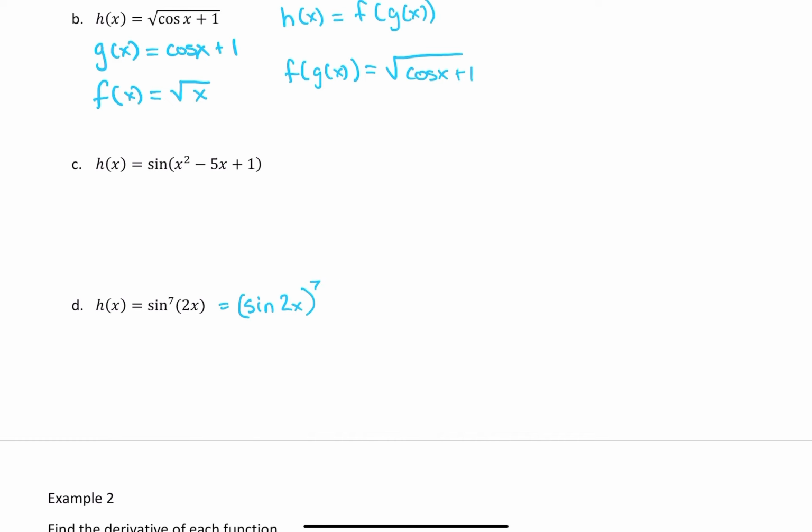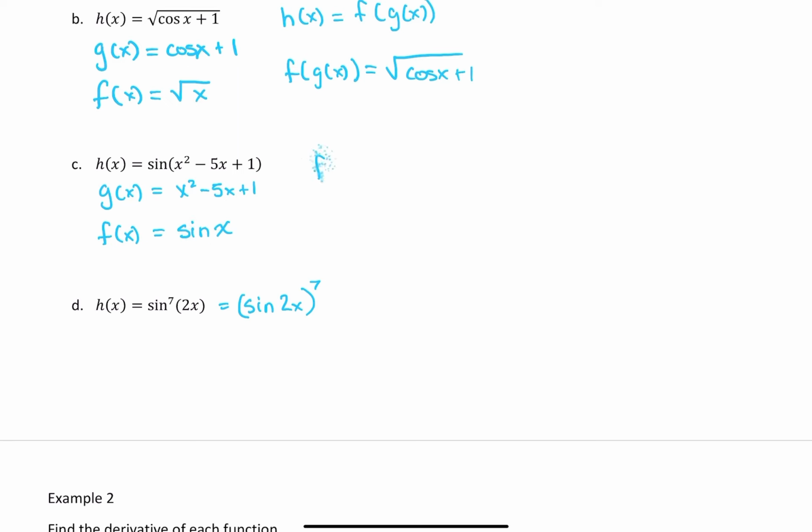All right, if you're rejoining me, the first thing that you would do is evaluate whatever x squared minus 5x plus 1 is. So that means your g of x equation is x squared minus 5x plus 1. And then your f of x equation is going to be the sine of some angle.